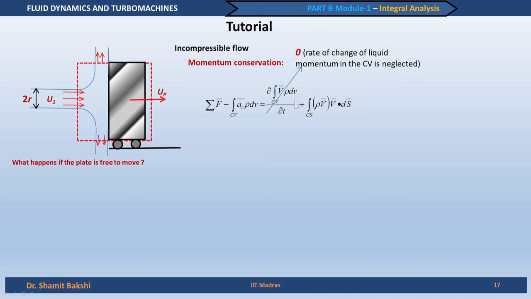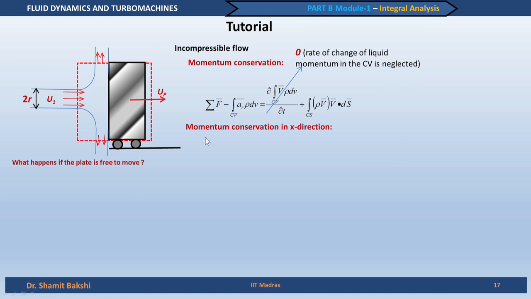All this pertains to the liquid velocity, or the fluid velocity more generally, and we neglect the momentum change of the fluid in that CV. By neglecting that, we can remove this term, so that we can deal with a more simple situation, and this is the net rate of momentum exiting the control surface.